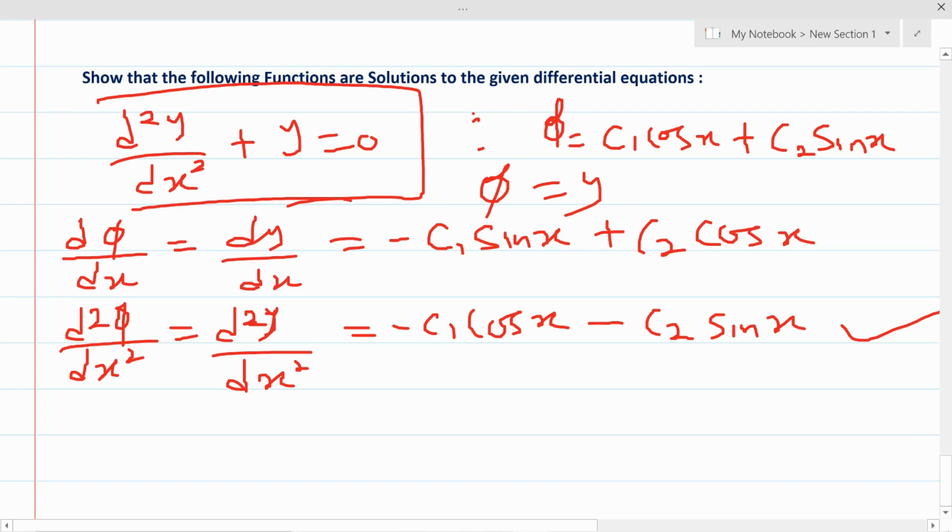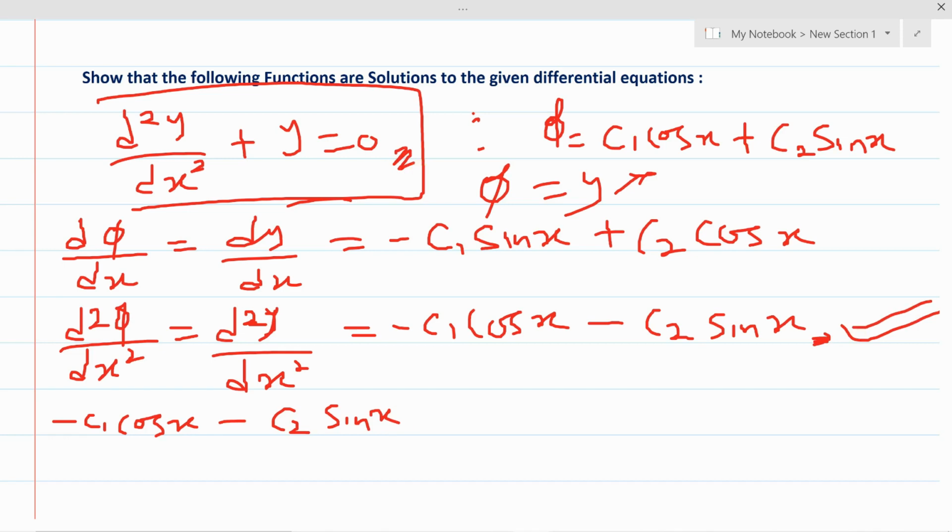Where we see d squared y over dx squared, we put this, and where we see y, we put phi, because if phi is a solution, then y, the dependent variable, equals phi. So d squared y over dx squared is minus c1 cos of x minus c2 sine of x.